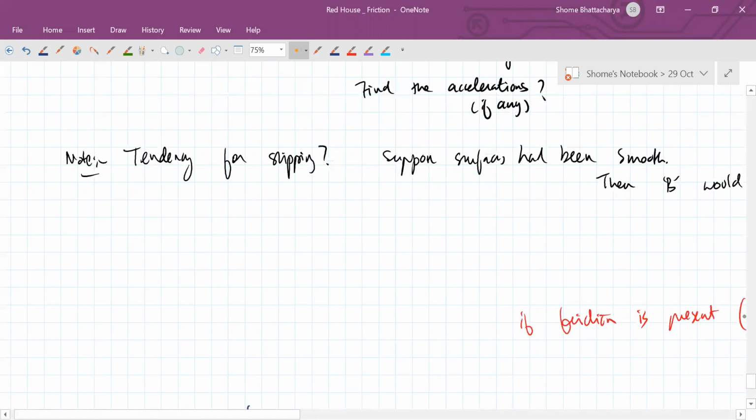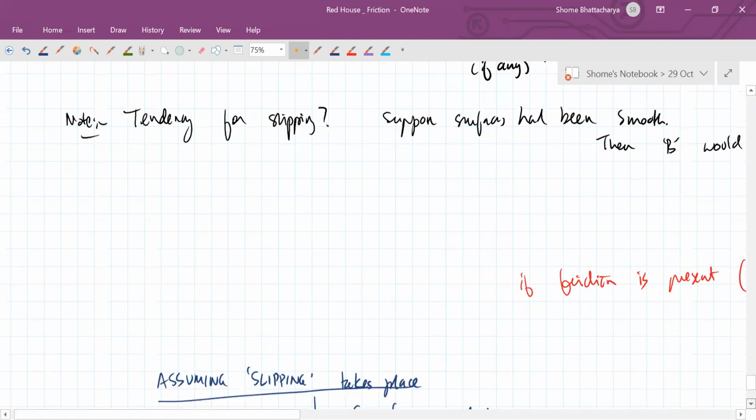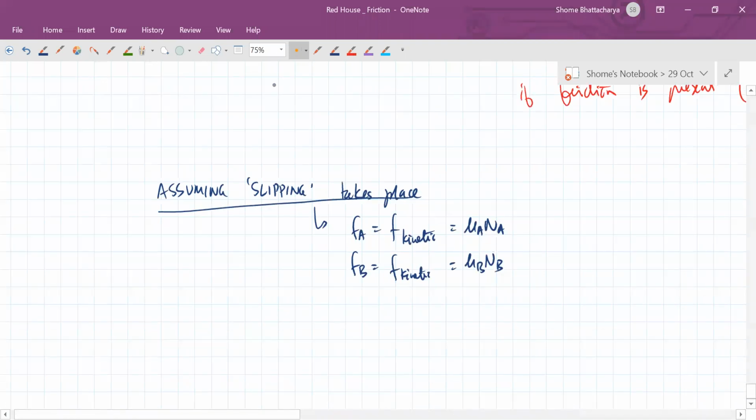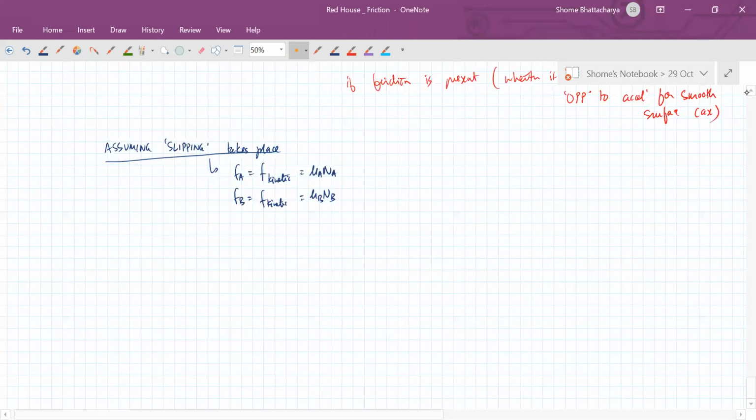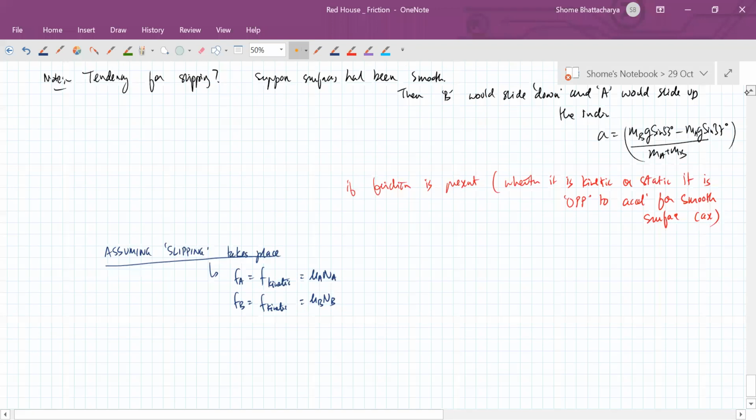Yeah, if the masses had been the same, the direction would also have been the same, because the 53-degree slope is the steeper slope. So the same thing would have happened.